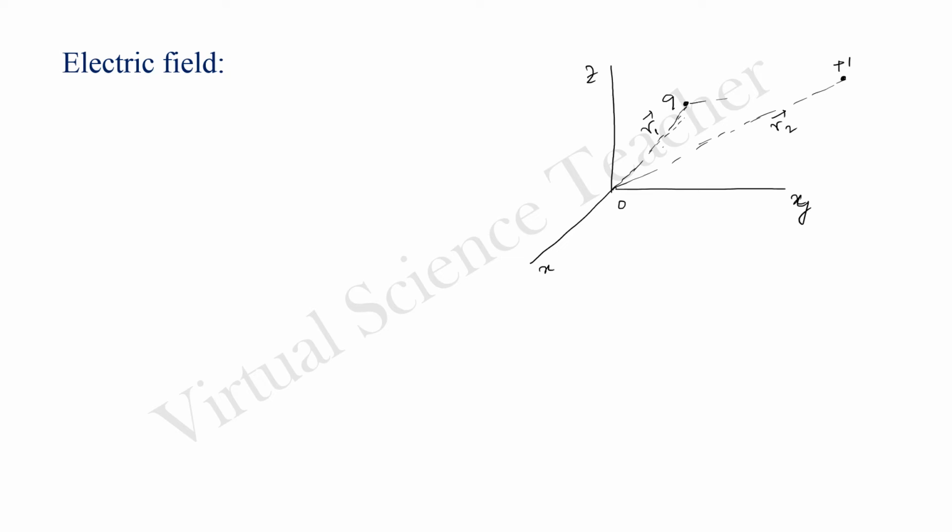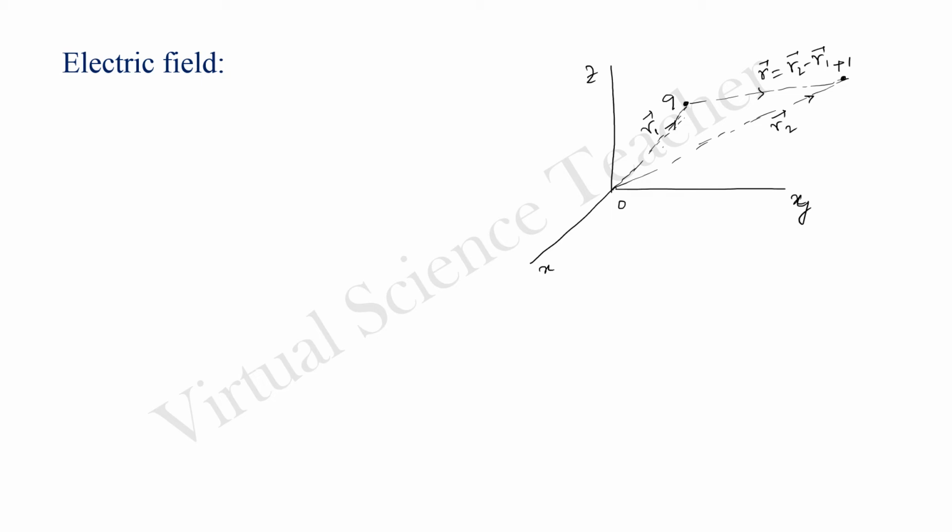So the distance between charge Q and the unit charge is denoted by R, and vectorially R1 plus R equals R2. That means R equals R2 minus R1. So if we have two charges at two different places and we have only the origin, by this way we can easily find the distance.